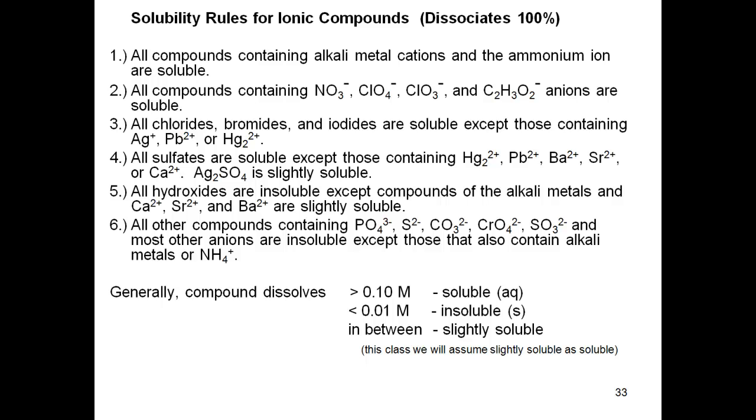The hydroxides are your strong bases. The soluble ones are the strong bases, that's your alkali metals and your calcium, strontium, and barium. 6. All other compounds containing phosphate, sulfide, carbonate, chromate, sulfite, and most other anions are insoluble, with exceptions, going back to Rule 1, the alkali metals and your ammonium compounds.